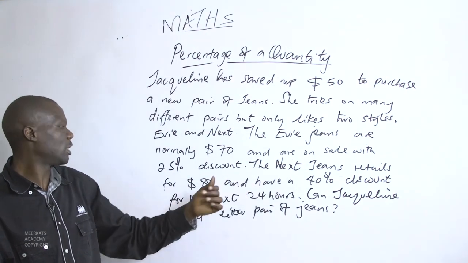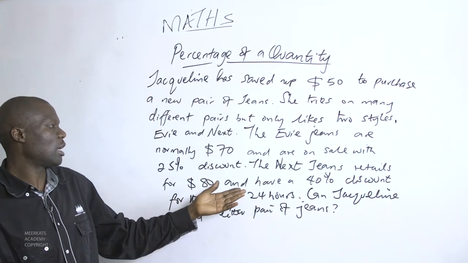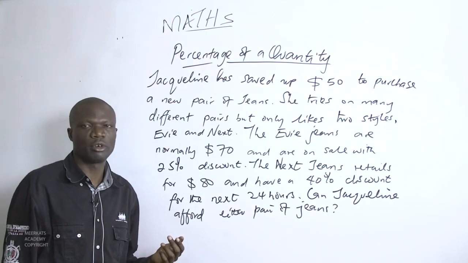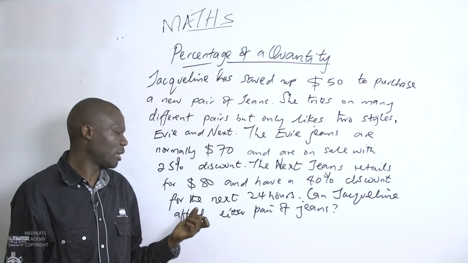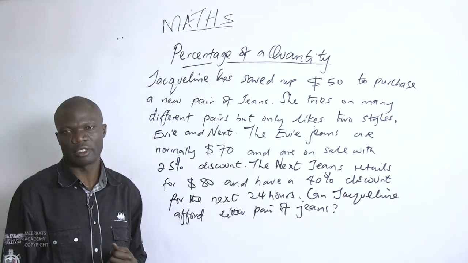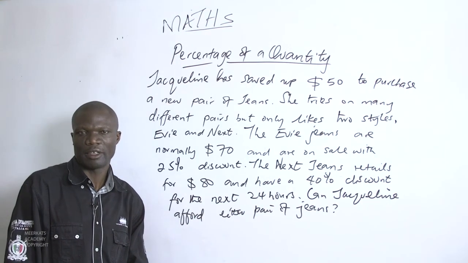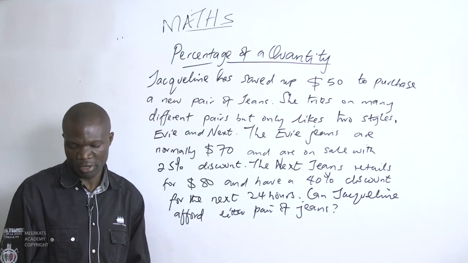The Next jeans retail for $80 and have a 40% discount for the next 24 hours. Can Jacqueline afford either pair of jeans? That is the question we need to answer. Is she able to afford or not?